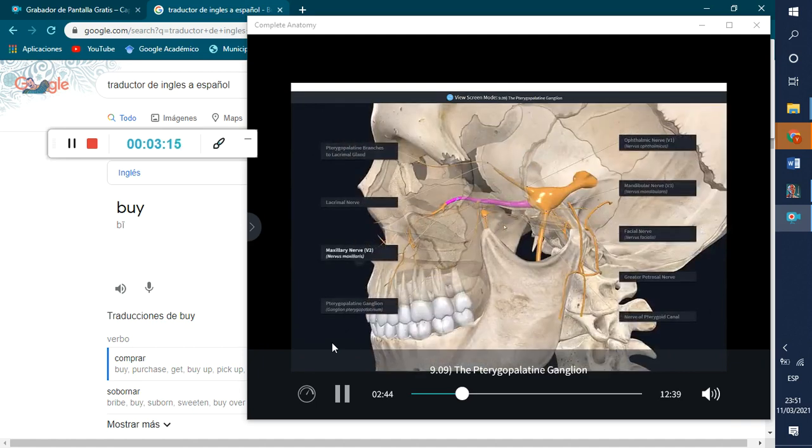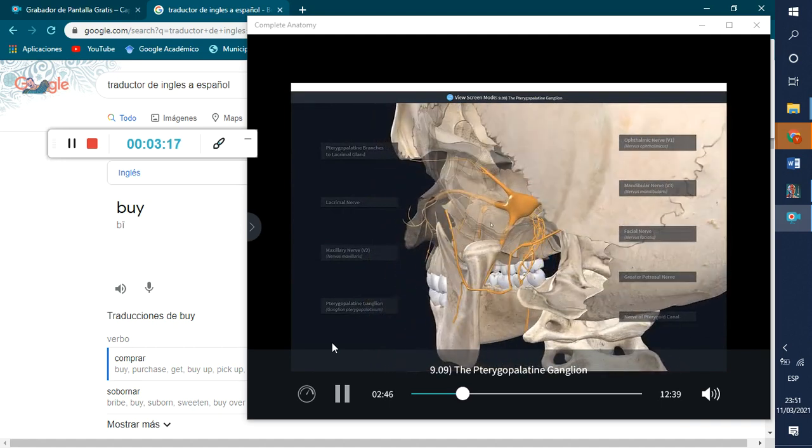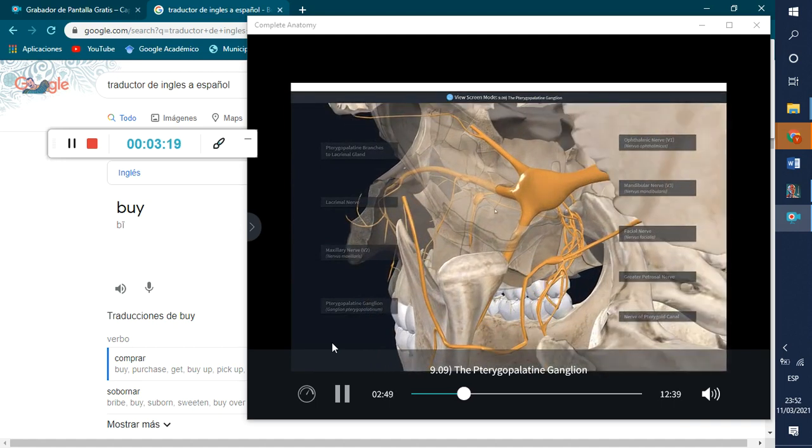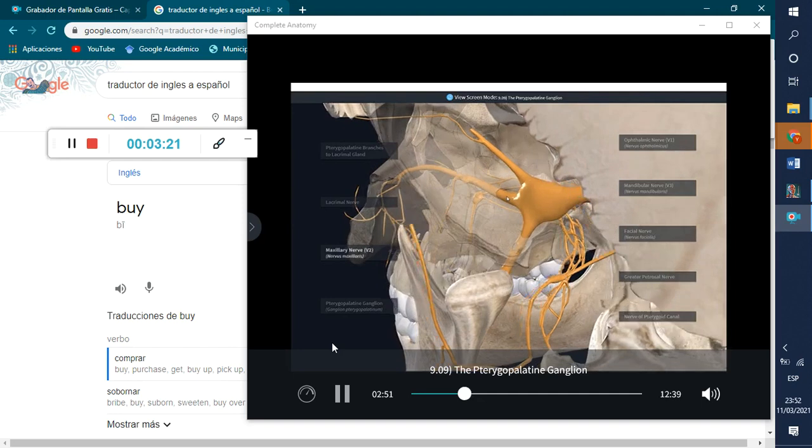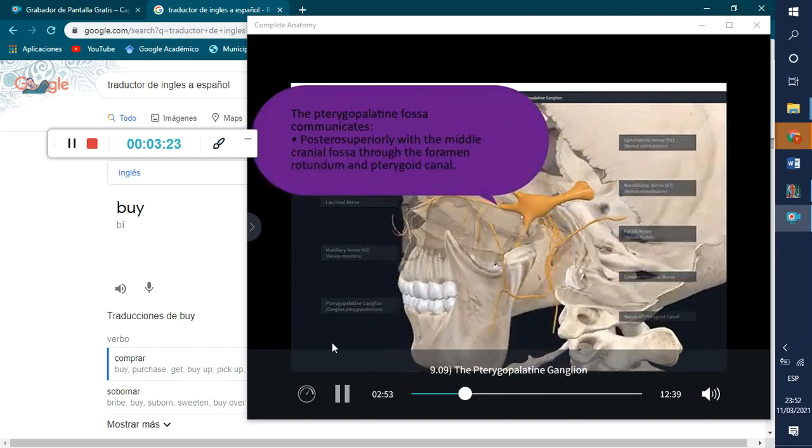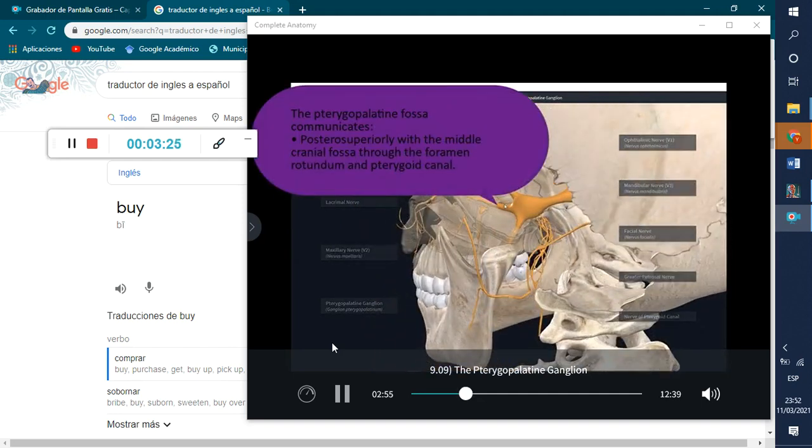Posteriorly and superiorly, well, we have here the region where the maxillary division of the trigeminal nerve exits, so that is going to be the foramen rotundum, the round hole.